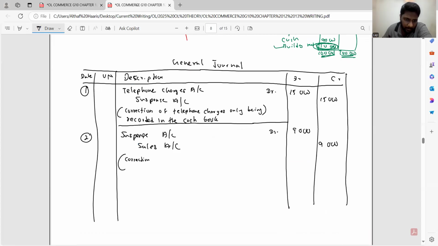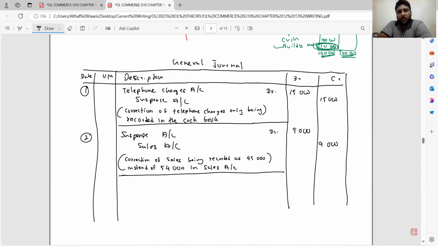Correction of sales being recorded as 45,000 instead of 54,000 in the sales account.